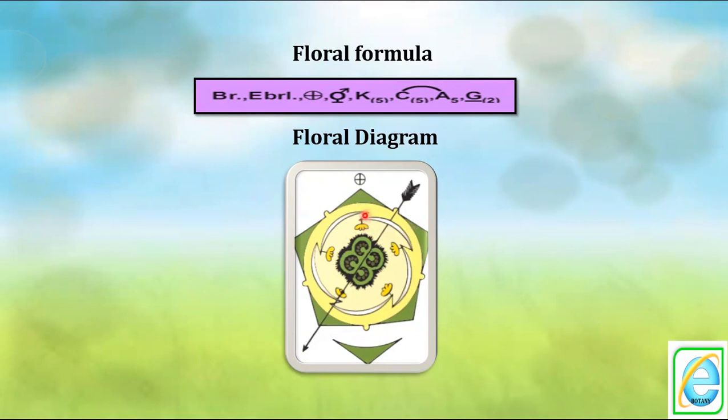They are joined together, and they have a twisted type of aestivation, so they alternately overlap each other. The androecium has five stamens: one, two, three, four and five, attached to the petals. That means it is epipetalous in nature, and that's why it is in a half circle.